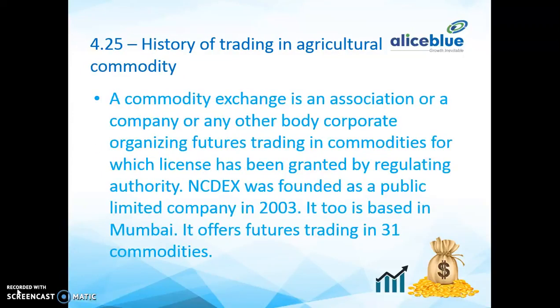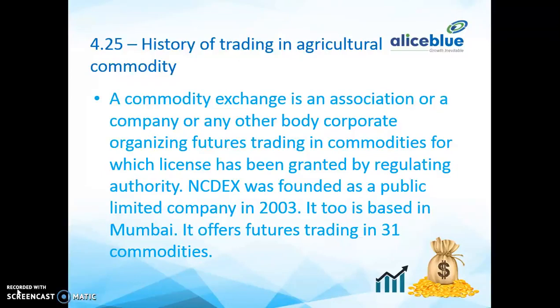The history of trading in agricultural commodity. A commodity exchange is an association or a company or any other body corporate organizing futures trading in commodities for which license has been granted by regulating authority. NCDX was founded as a public limited company in 2003.